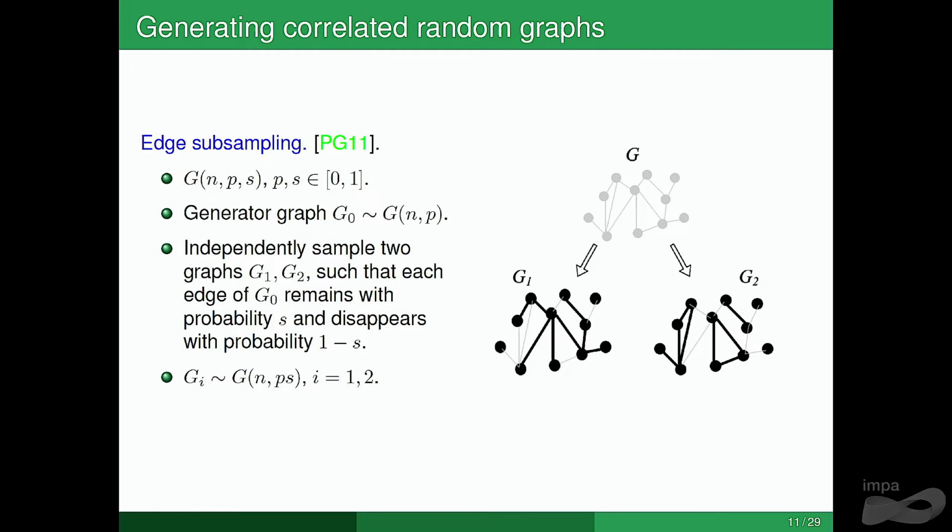So in principle, this operation is only making the graph sparser. And the marginal distribution of the two graphs is going to be Erdős-Rényi, but with parameter p times s. So we can control the correlation by changing the values of p and s in this way. So that's one way of generating correlated random graphs.